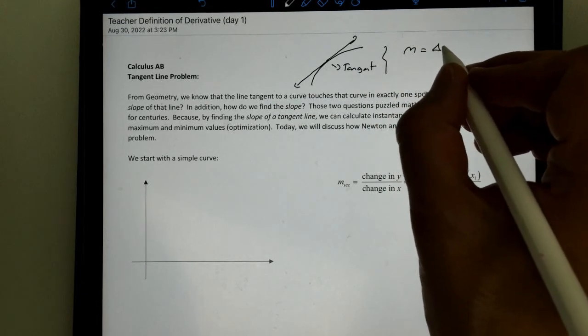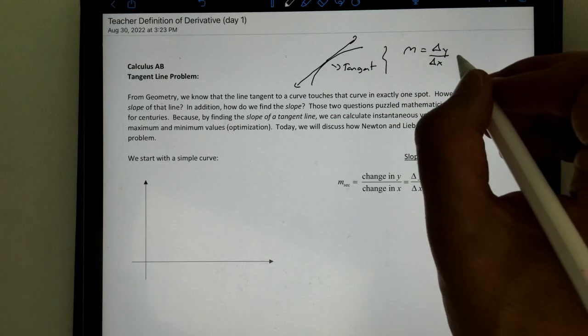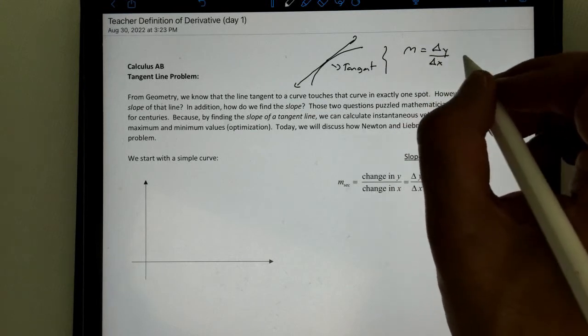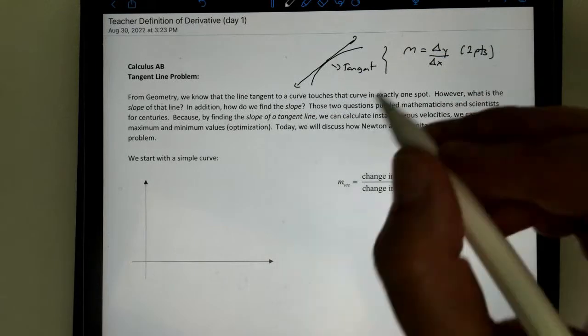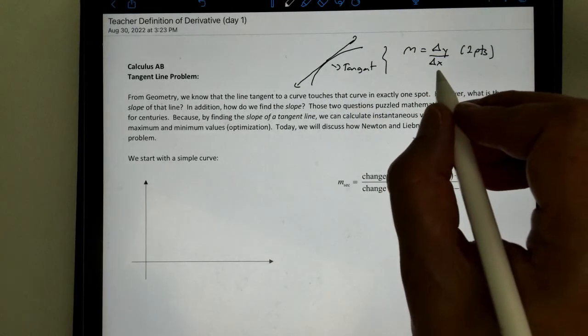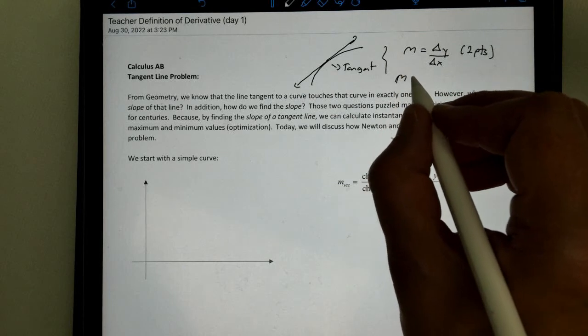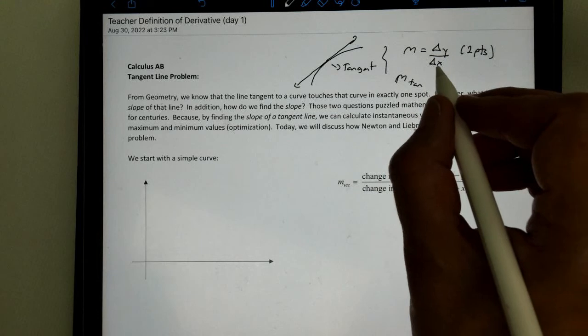So before we do that, let's review what slope is. It is the change in y, delta y over delta x. Now, this is a really easy formula for us to use, but this still requires 2 points. I need 2 points to find slope. The problem with the tangent line is, if I want to find its slope, we only want 1 point.